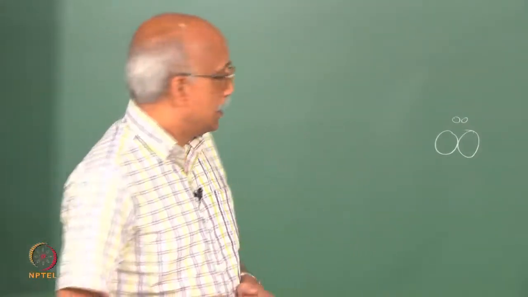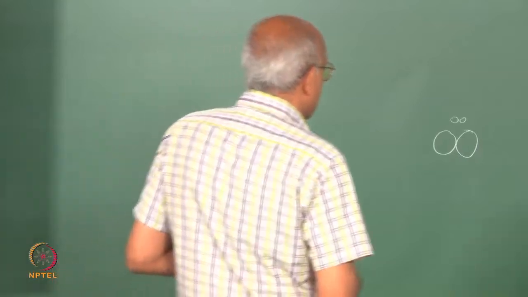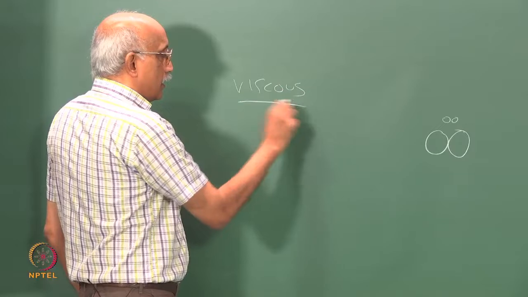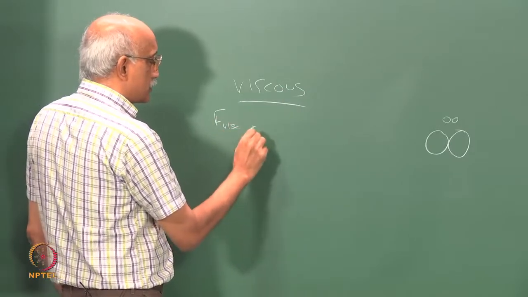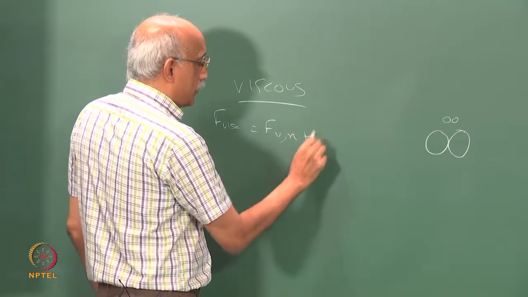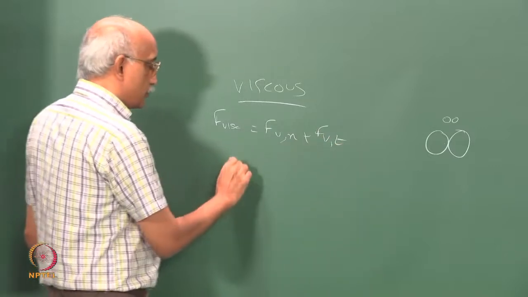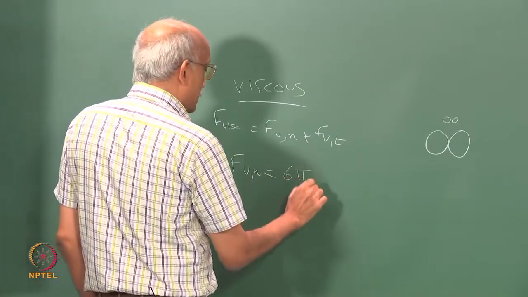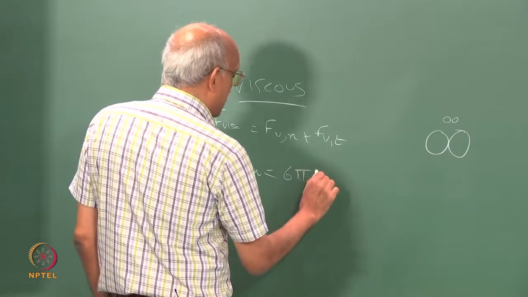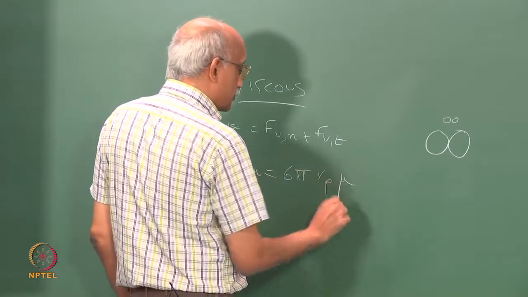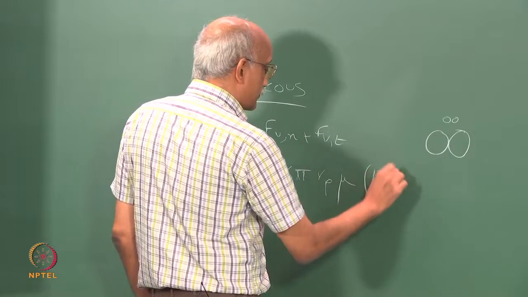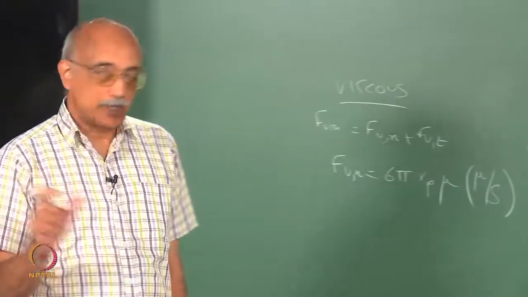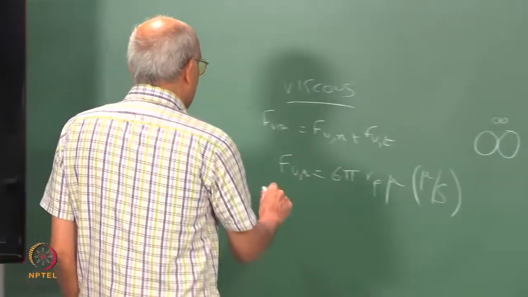Okay. The second type of force are the viscous forces, and the viscous forces can be split into normal and tangential forces. The normal force is given by 6 pi rp times mu times a factor of rp by s, where s is the distance of separation between the two particles.